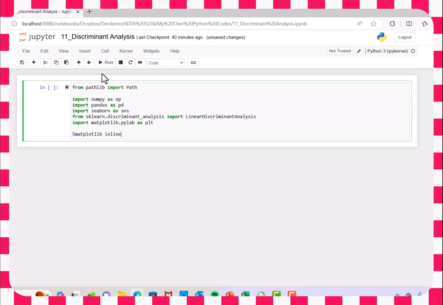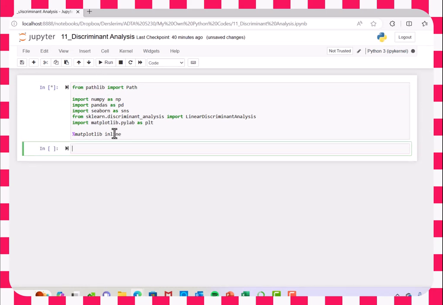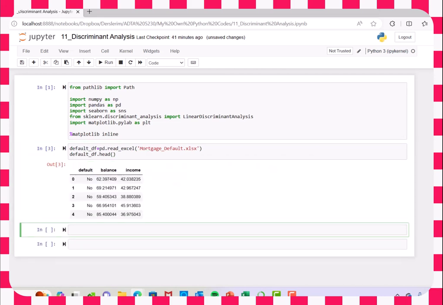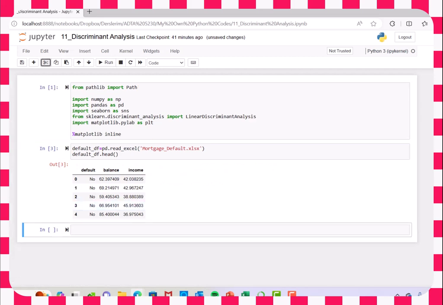Okay, so let me start with the libraries first. These are the libraries that I will be using, and then let me import the data. This is the data sheet I showed you. I imported the data to Python. Now let me create dummies.